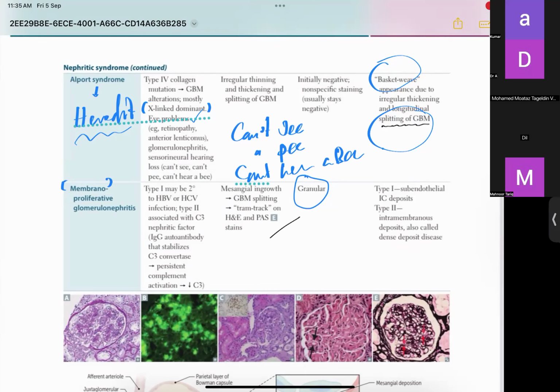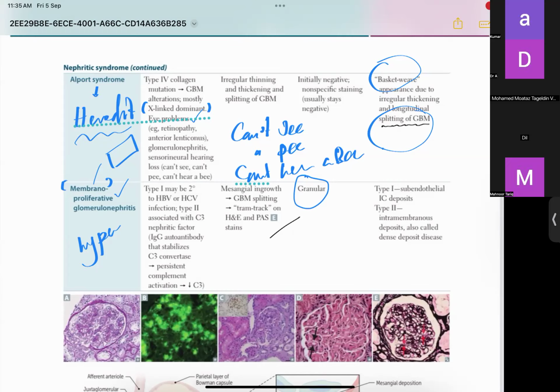Membranoproliferative. I have told you the membrane will be thickened, the basement membrane will be thickened. Proliferative, we will have hypercellularity. So just from the name, you will understand most of the high yield points.